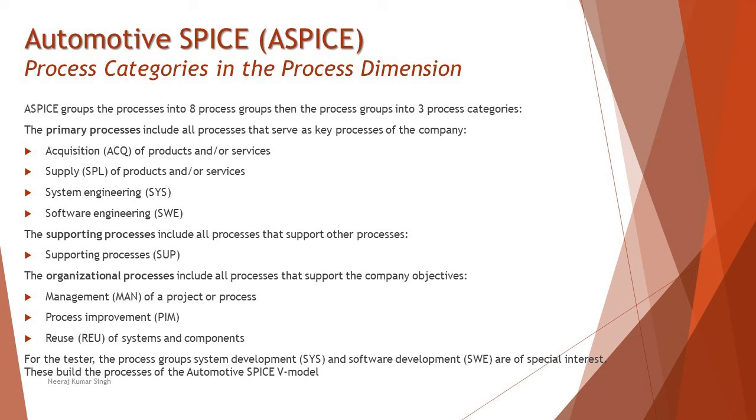So yes, we have 3 parameters under that as well: management of the process and project, process improvement, PIM, and reuse of systems and components, which is REU. Reuse, yes, because most of the time you make use of legacy systems, and you have a lot of code and tests relying on earlier previous versions, and you can make use of that, but not everything, because we are talking about a complex generation where a lot of complex features are being developed every time, and a lot of new variants of the same model are coming up.